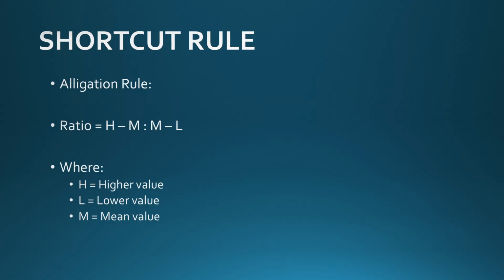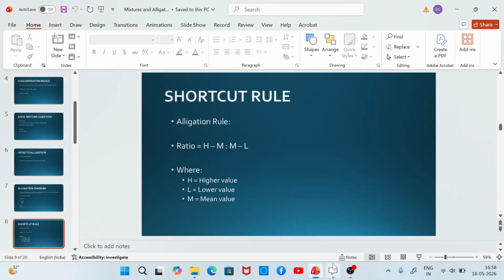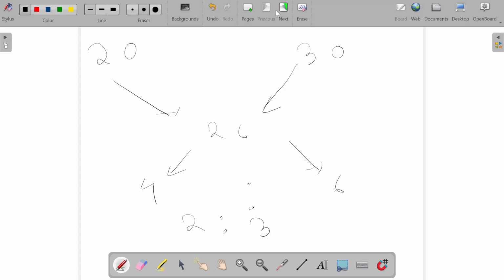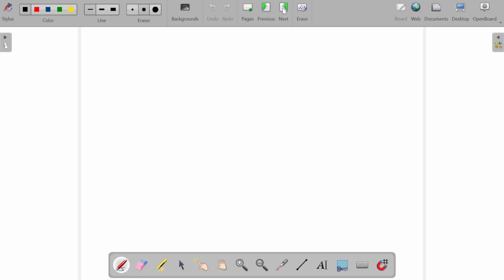Now the alligation rule. This is the universal alligation formula. Here ratio equals H minus M is to M minus L, where H is the higher value, L is the lower value, and M is the mean value. Now if we again look at the diagram, we have H higher value, L lower value, and mean value.